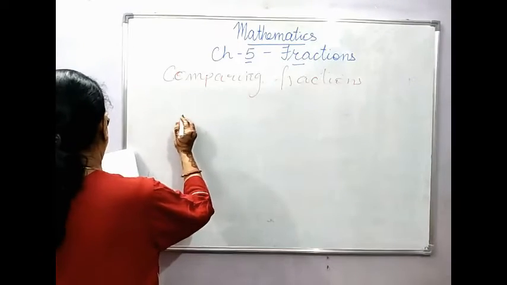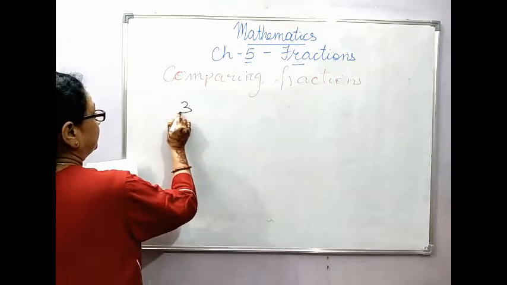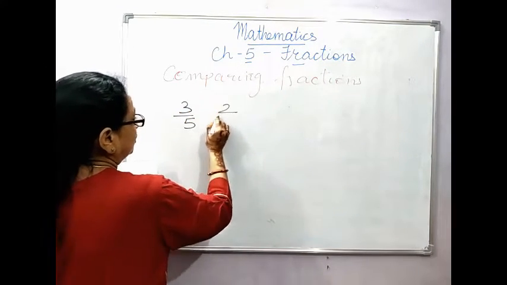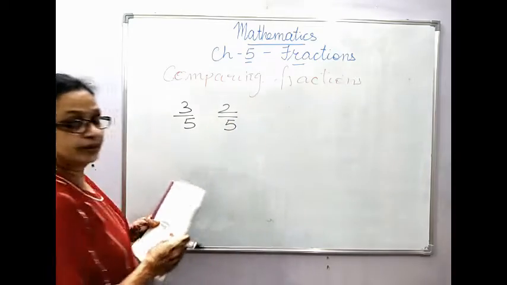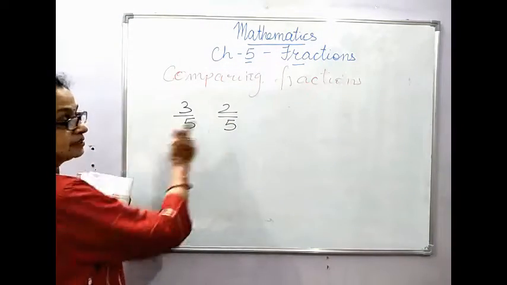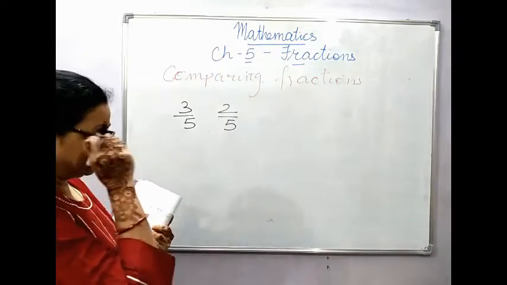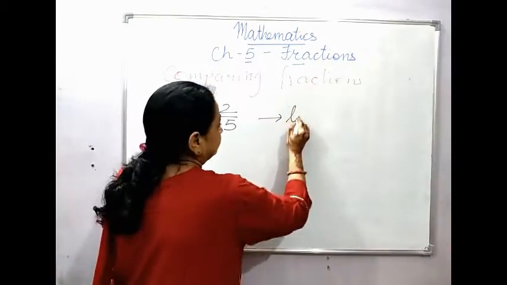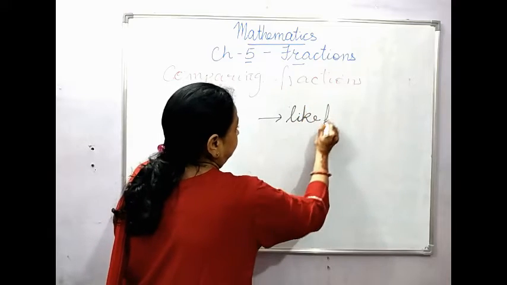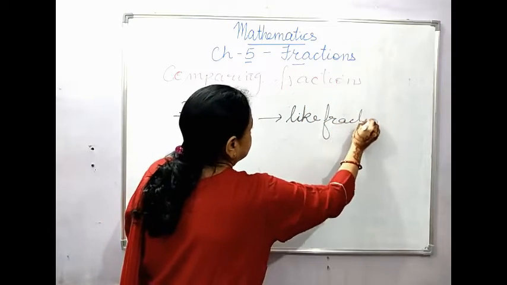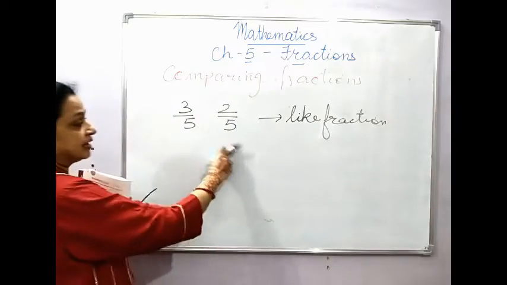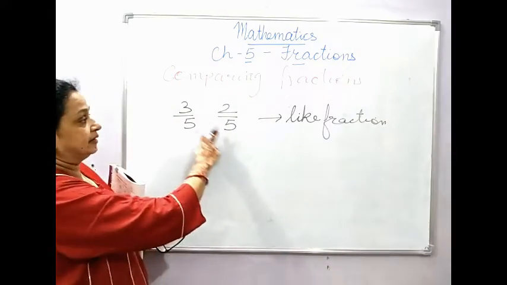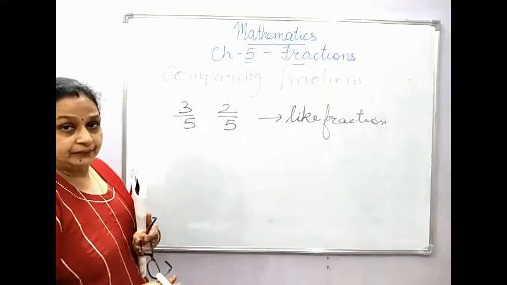Suppose I take the example 3 upon 5, 2 upon 5. Now denominators are same. That means this is a like fraction, this is a like fraction, because denominator is same. So in like fractions, where the denominator is same, we will look for the numerator.